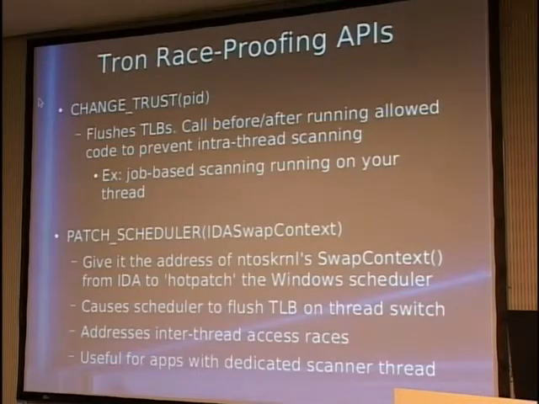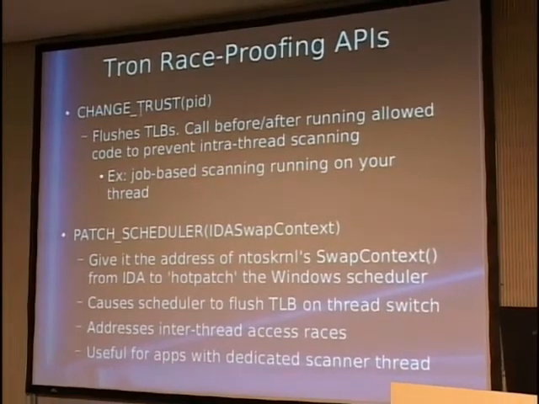So race proofing, I said that race conditions are addressed. So how's this done? Well, the primary race is for intra-thread scanning, when you have a scanner running on your own thread. So you have some hidden code, and then right after that's running, primes the TLBs, and then maybe the scanner job gets scheduled immediately after that job, and then is able to use the TLB mappings to view your hidden memory.